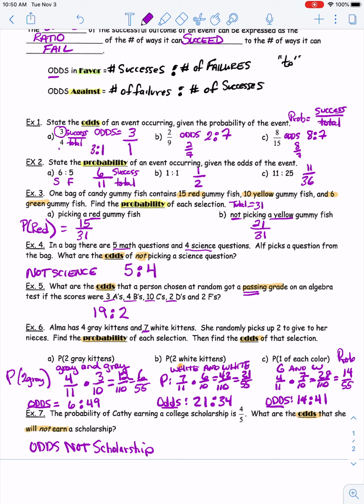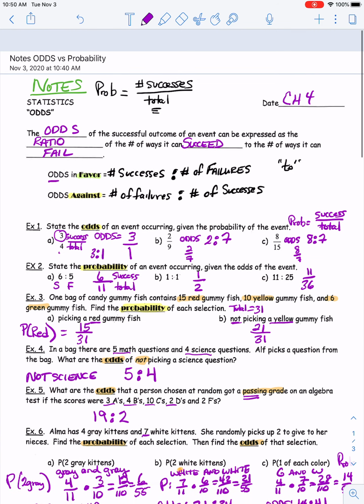How many ways are there to not have a scholarship? If 4 do, that means 1 does not, and then 4, because 5 is your total. So this one is not scholarship and this would be scholarship. That would be the odds you're looking for.